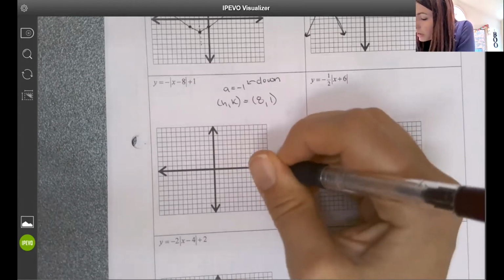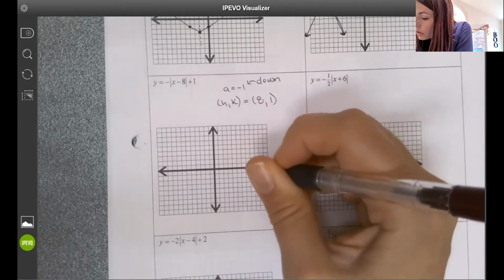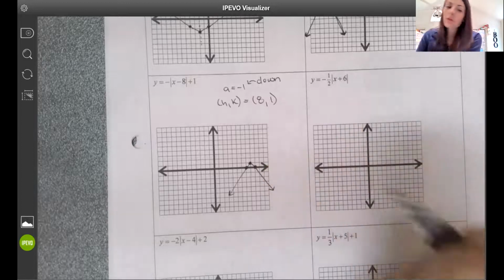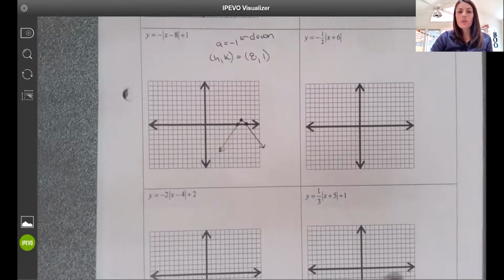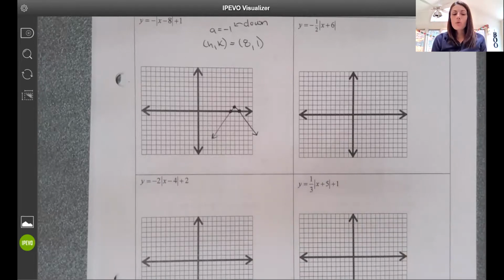There's the middle of my graph, my vertex point. Going down -1, 1, using symmetry to get the third point. There's my graph, okay? So now I'm going to have you try the remaining 3 examples. Write HK, and your A value, what that A value means in terms of how it's affecting your graph, and then graph your function and see how you do.